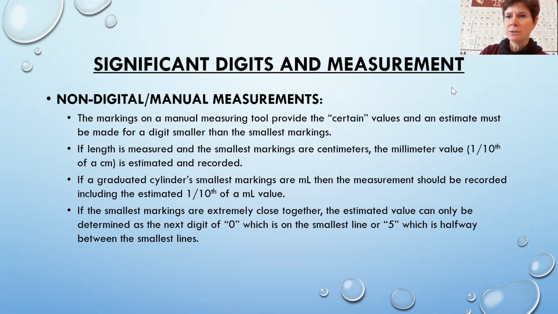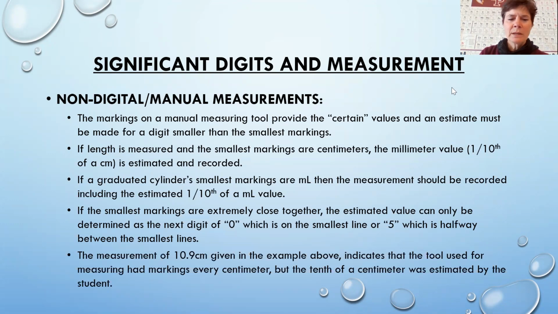And you'll be asked to look and consider the values that are coming up. The measurement of 10.9 centimeters given in the example above indicates that the tool used for measuring had markings every centimeter, but the 1/10 of a centimeter was estimated by the student.